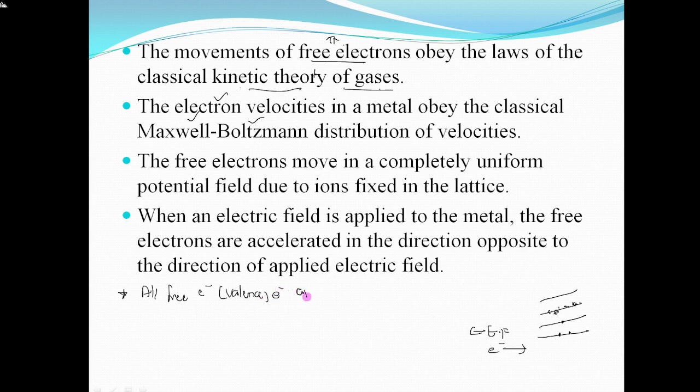All valency electrons are conduction electrons. They thought that all valency electrons are conduction electrons, means all free electrons can be responsible for conduction. That is also another assumption. So some assumptions are true, but many assumptions are false. That's why it is a big failure.